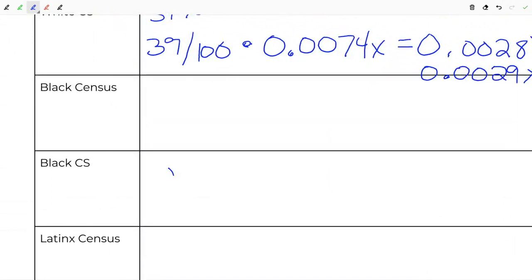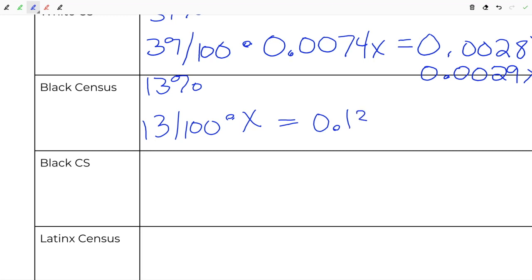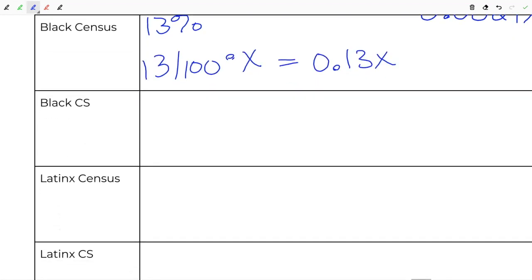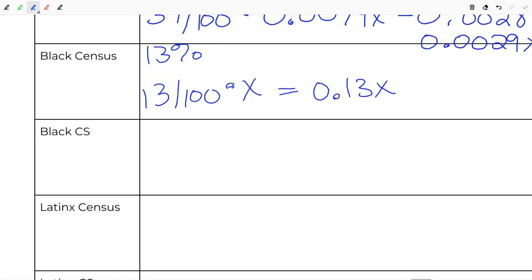So now to figure out how many of those X people on my lawn are black, we're going to remember that 13% of them are black. So 13 out of 100 times X, which is 0.13X. 40% of people in the criminal justice system on my lawn are black.